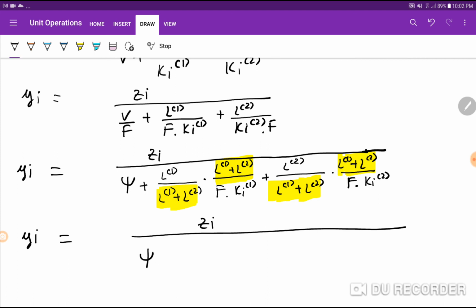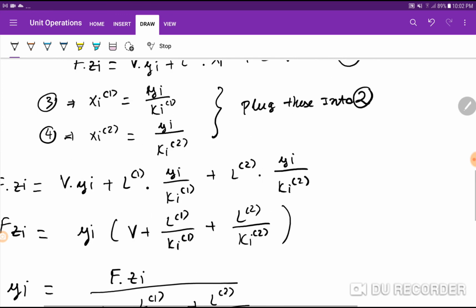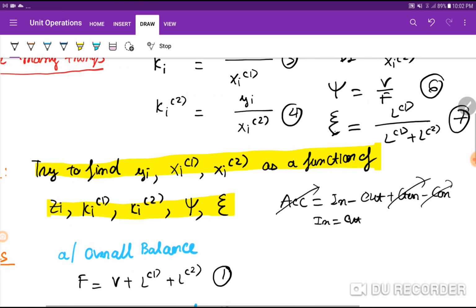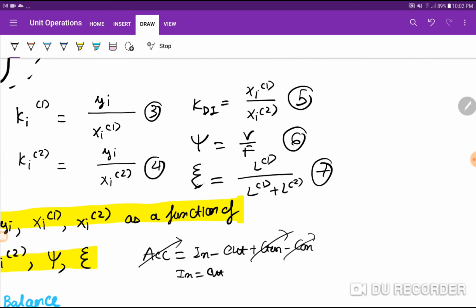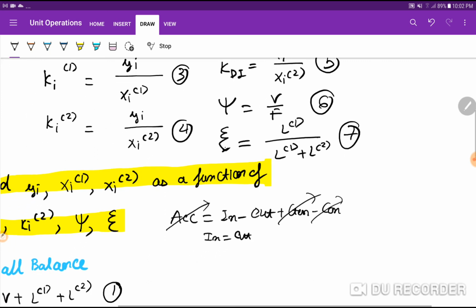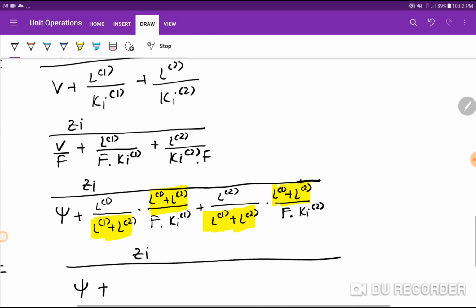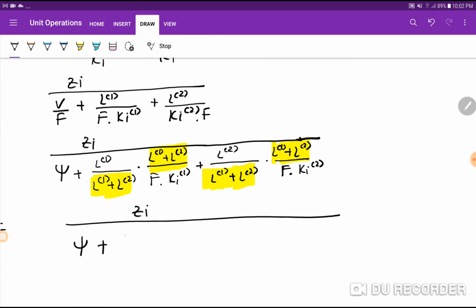Okay, let me see what we can do. I'm gonna go back to our definition. Okay, this is epsilon. Great. Okay, cool. So we have epsilon right there.